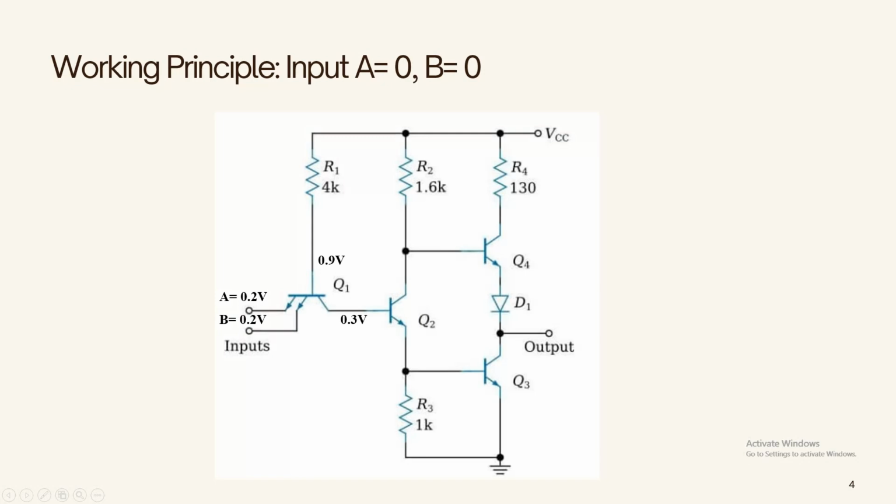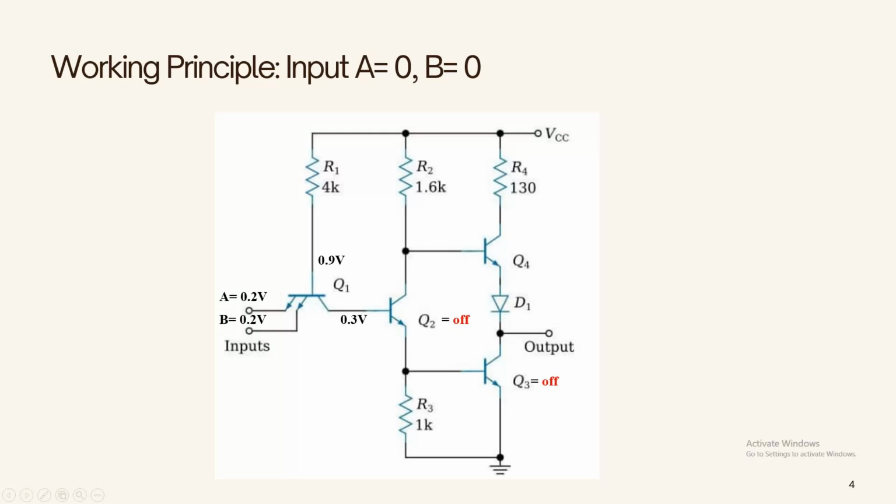If we assume it's in the forward bias, then this 0.3 volt at the base of Q2 isn't sufficient to drive Q2 and Q3. Because of that, Q2 and Q3 will remain off in this situation.